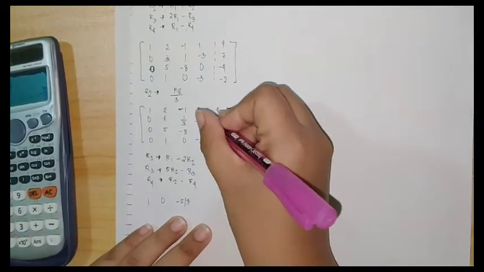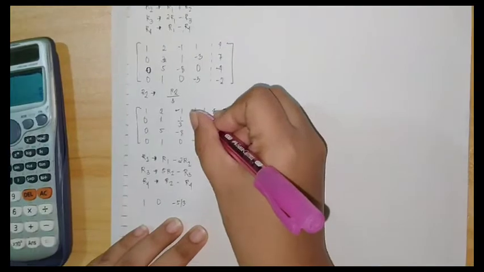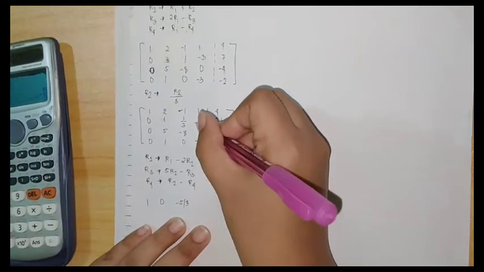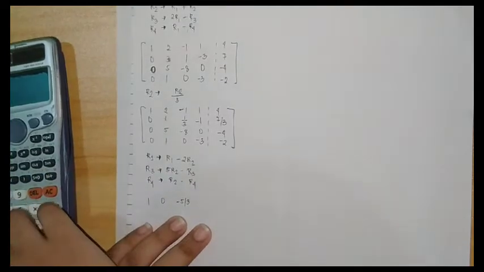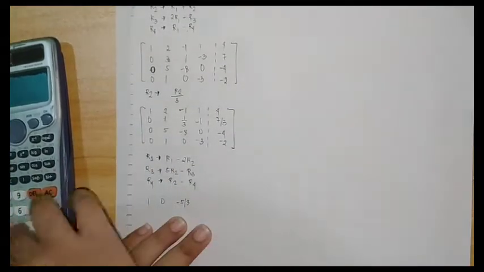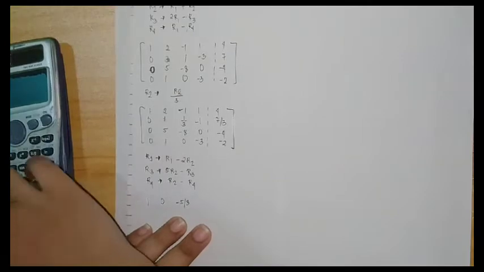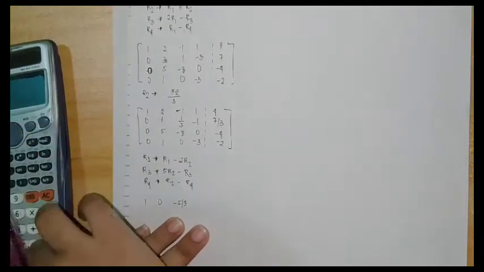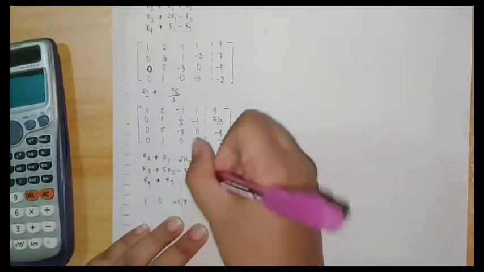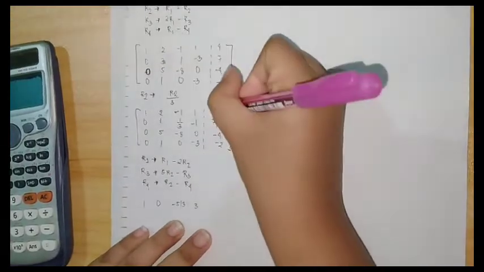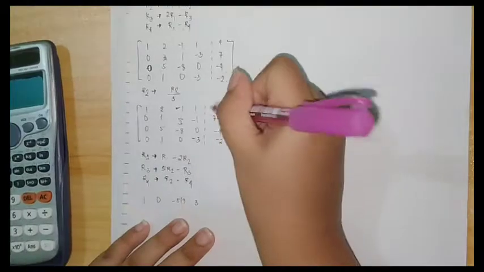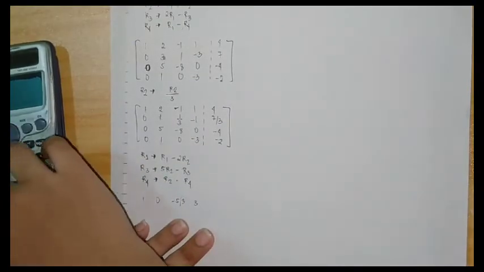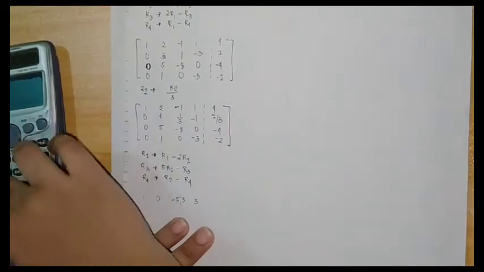And then 1 minus 2 times negative 1. So we have positive 3. And then 4 minus 2 times 7/3.